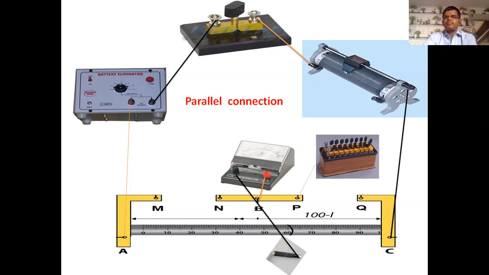Now between P and Q, we connect the known R box. Now the connection for parallel: first we connect R1 between M and N, and we connect R2 in parallel with R1. So it is a simple parallel connection.